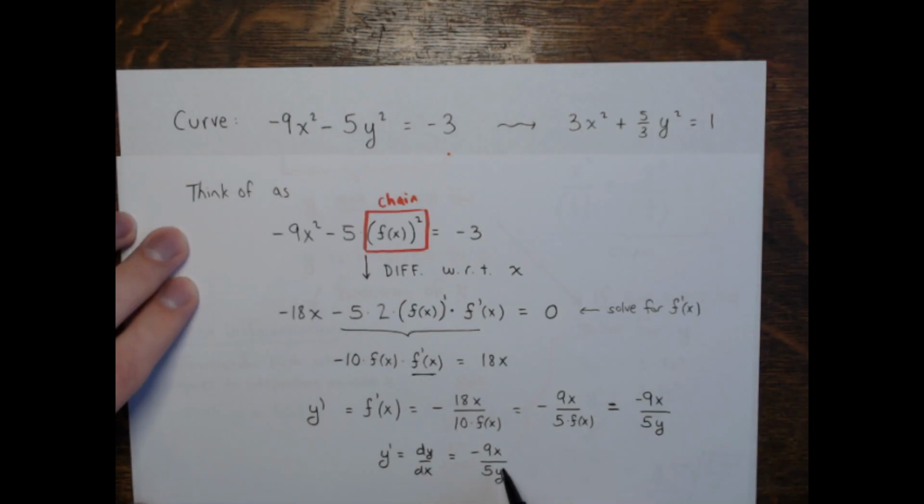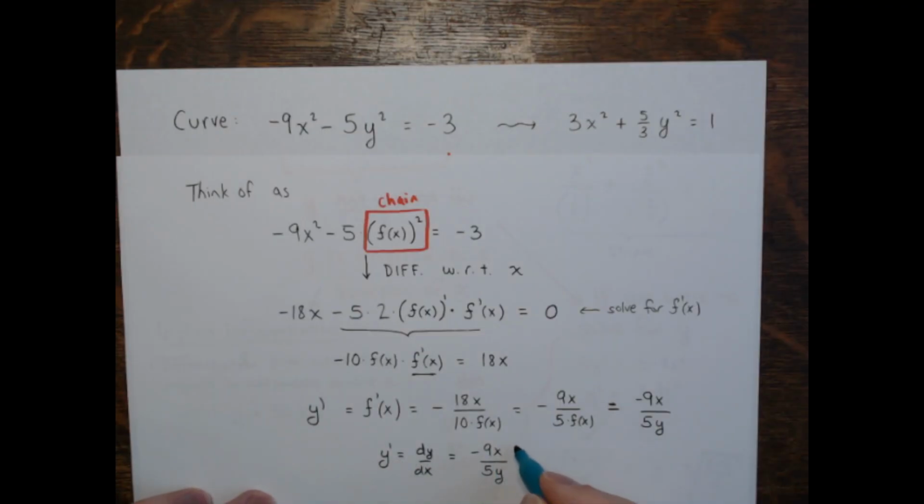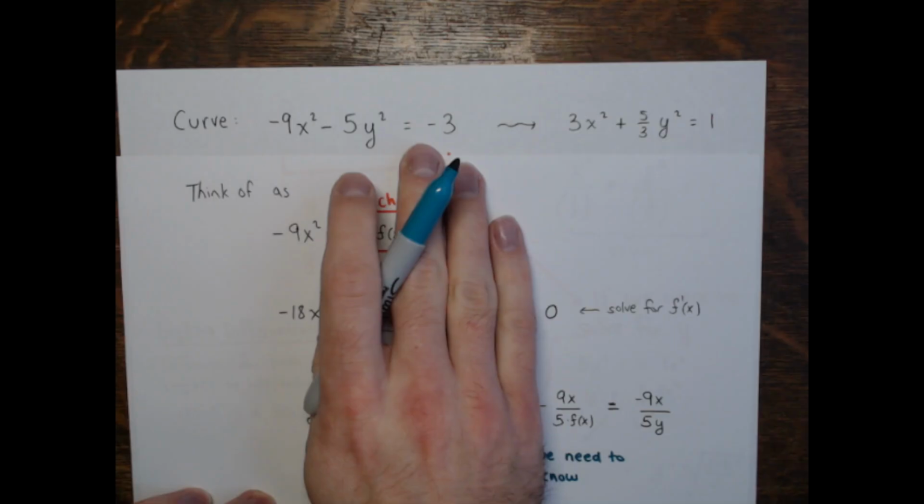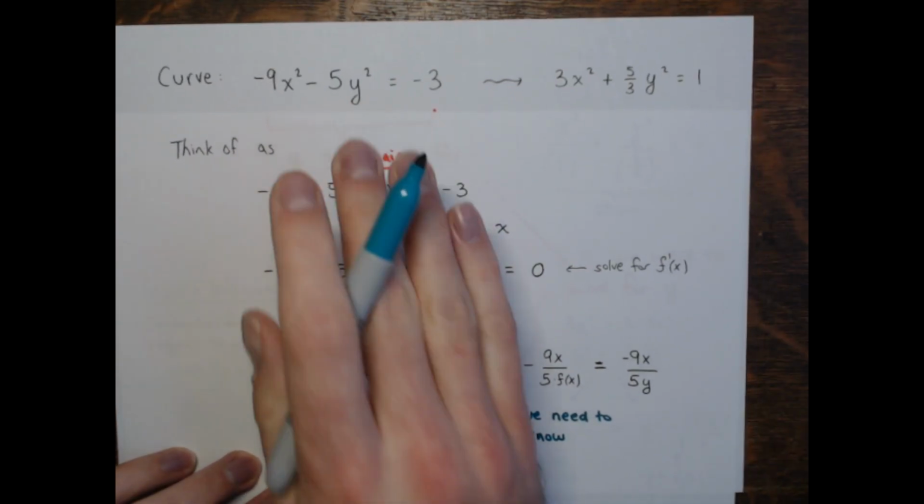So notice here, though, that to find my derivative, to state the slope of a tangent line, we need to know both the x coordinate and y coordinate. And that'll happen quite often when we're doing implicit differentiation, leaving the equation the way it is and not solving for y.